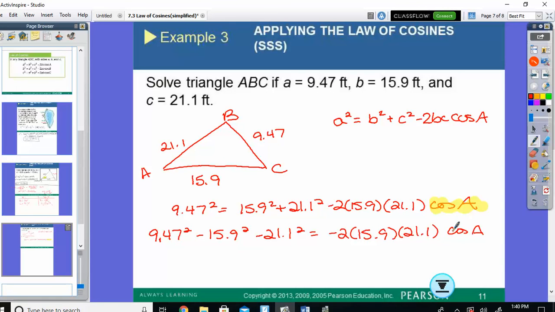I'm going to go ahead and put some of this in my calculator. So I get negative 608.3391 equals negative 670.98 cosine A.